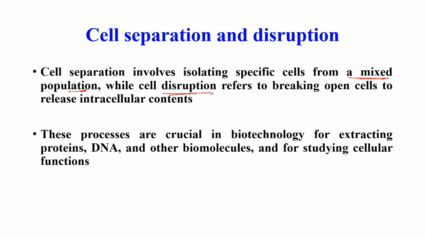Cell disruption refers to breaking open cells to release the intracellular product. This is done if your product is intracellular. And what could your product be? It can be proteins, DNA or other biomolecules.